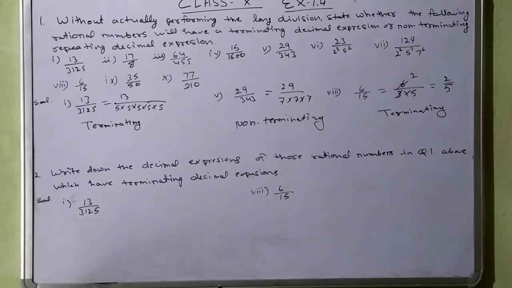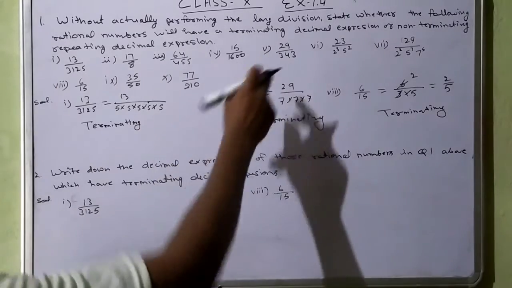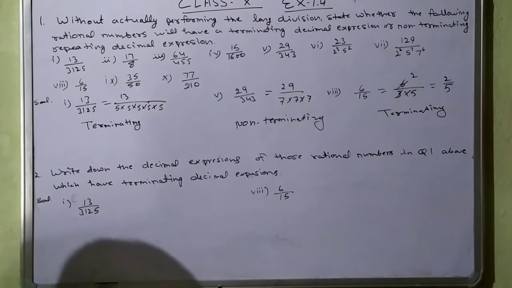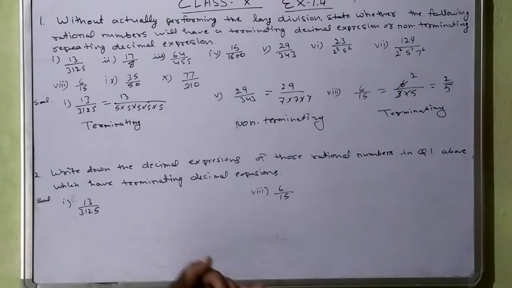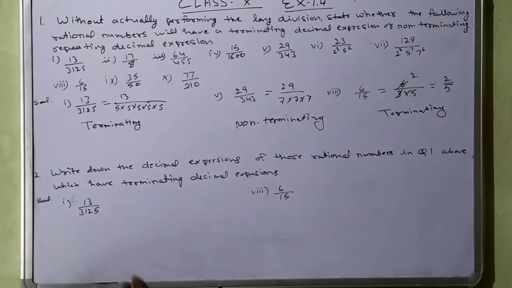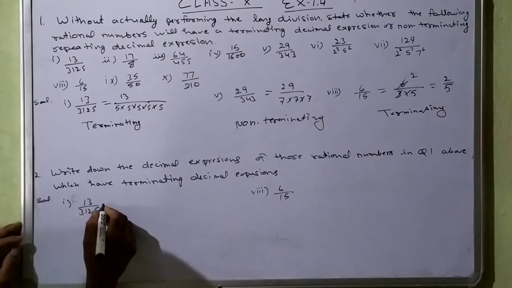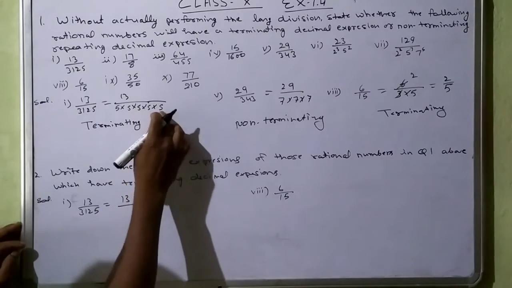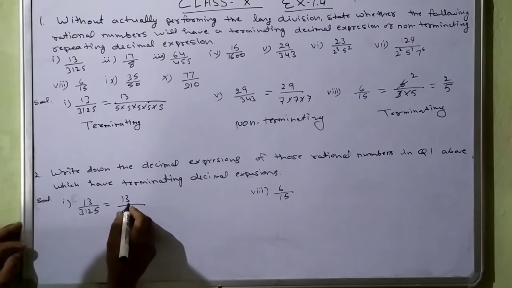Now second question: write down the decimal expression of those rational numbers in question 1. It means this 10th part. Above, those which have a terminating decimal, we will write in decimal form. Write it. So see here, 13 upon 5 power 5.